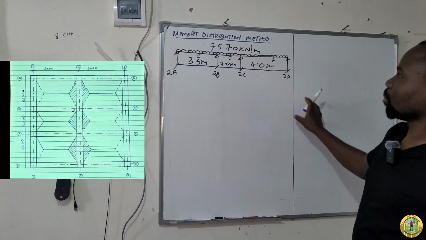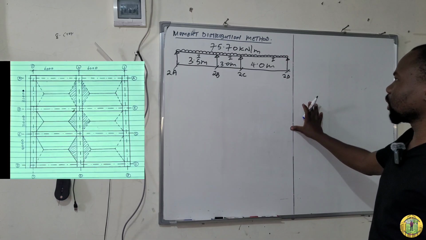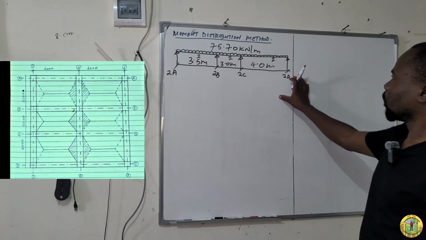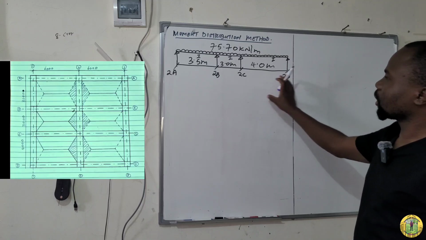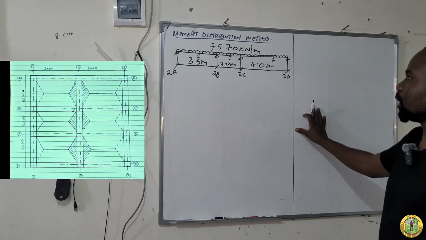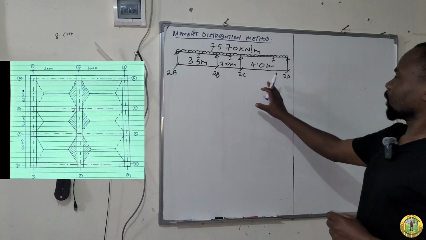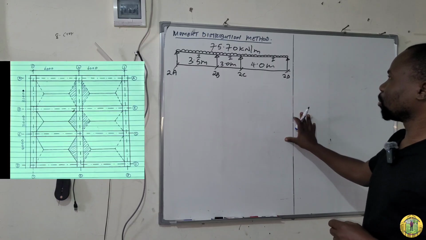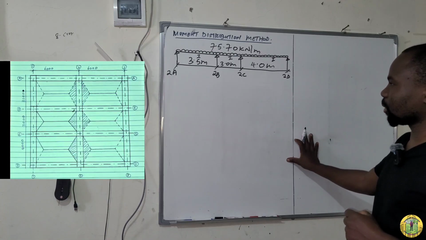Remember, I is very important when it comes to the moment distribution method or even the three moment method, because it helps us in calculating the stiffness factors for this beam. If the variation is so big, then you have to calculate the I. For this case, I have already proven that I is constant by doing my own calculation, which I will not include because it will take a lot of time.